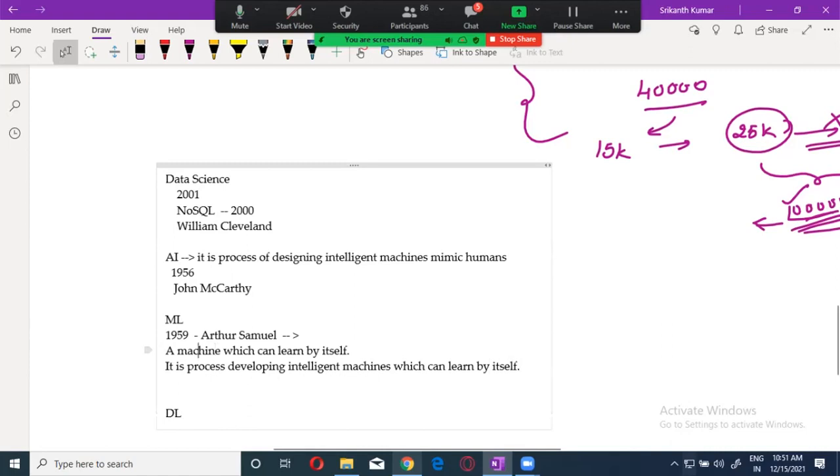Why he did that: he developed a small program in 1951 when he was working with IBM. That program was a small chess machine which can play chess. Now he observed that the first time people used it, they were able to defeat this machine in 5 or 6 steps.